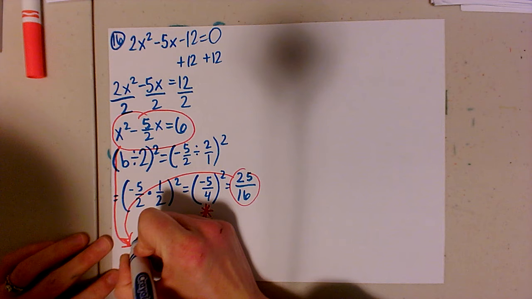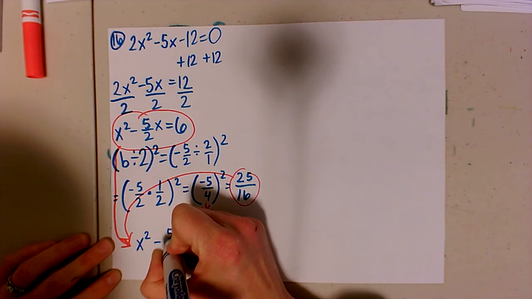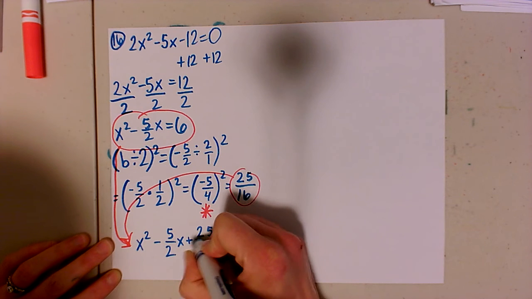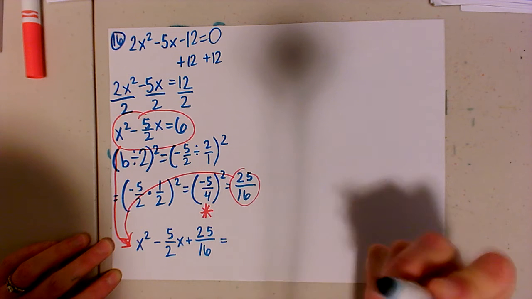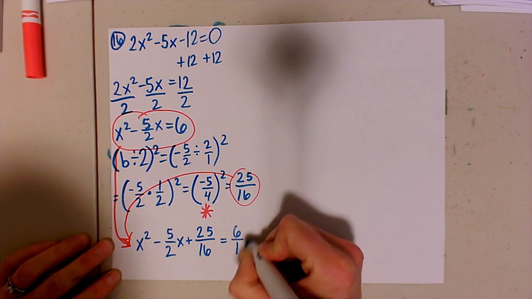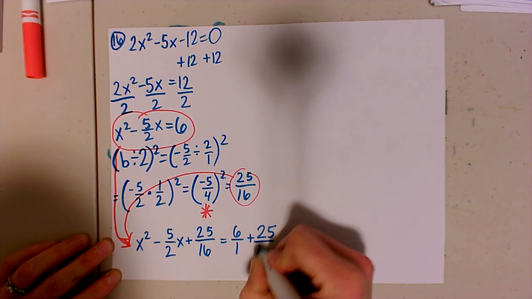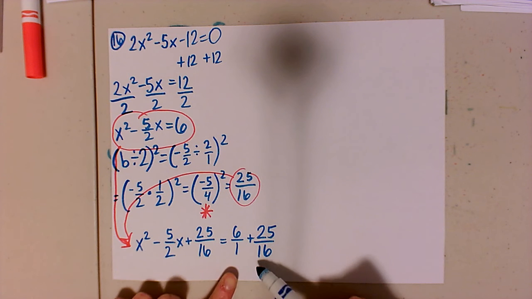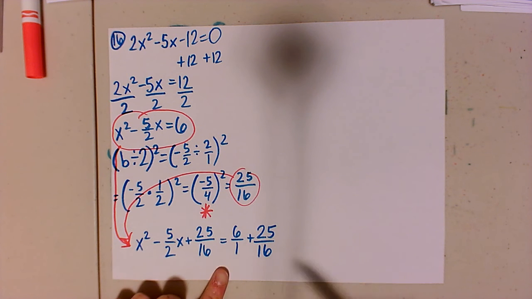So what I'll get is x squared minus 5/2 x plus 25/16 equals 6 plus 25/16.